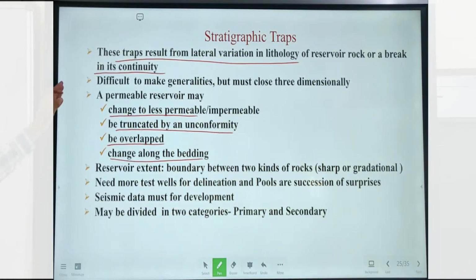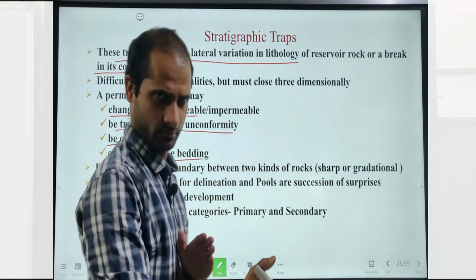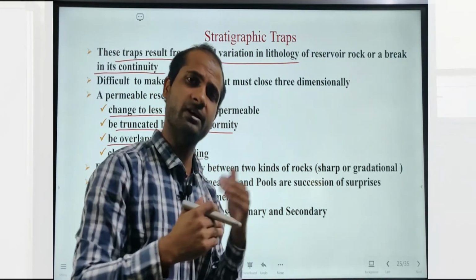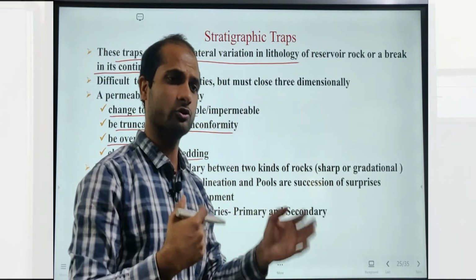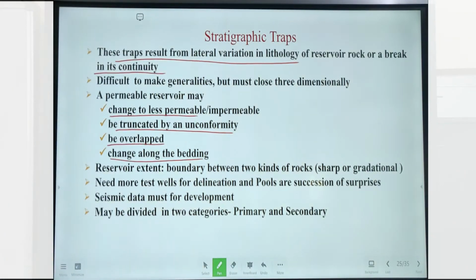These are the four causes responsible for lateral variation in the facies. And when there is lateral variation in the facies, that will lead to entrapment of hydrocarbon. How? We will see in the next slide.